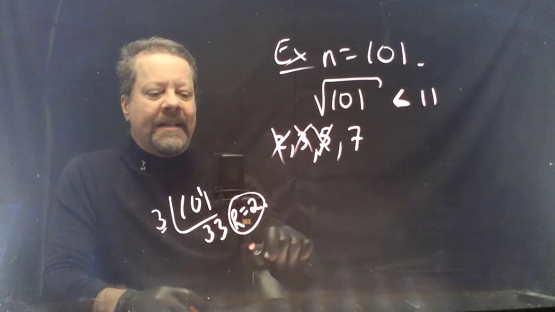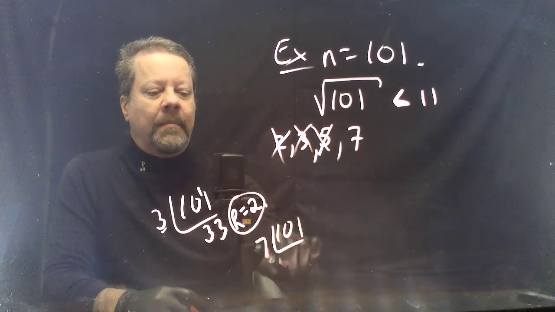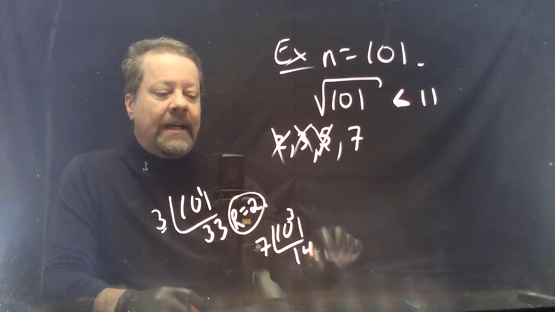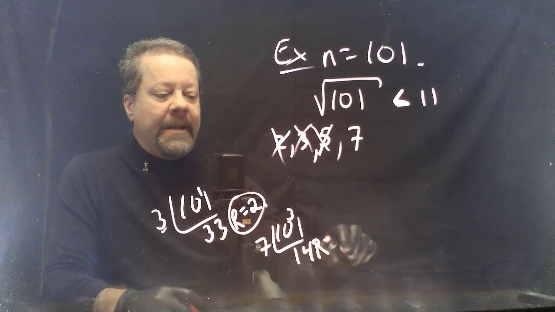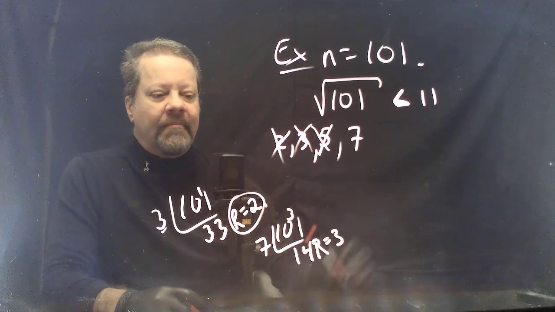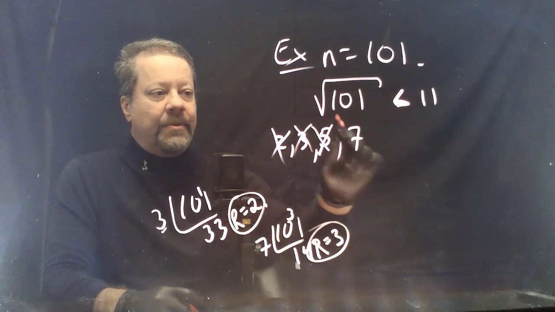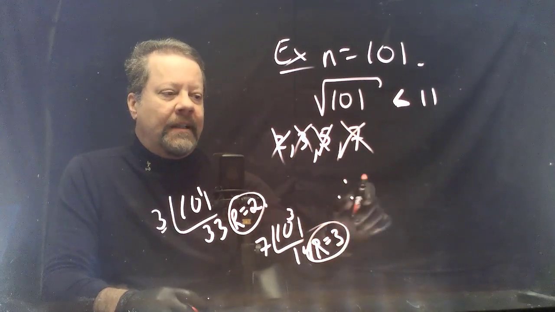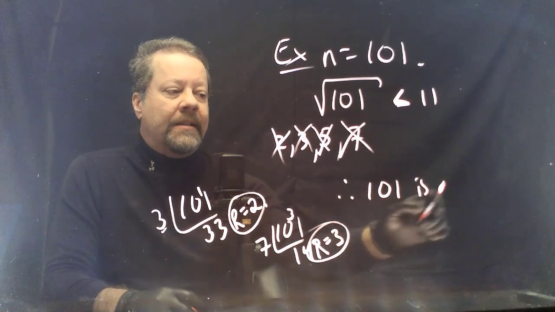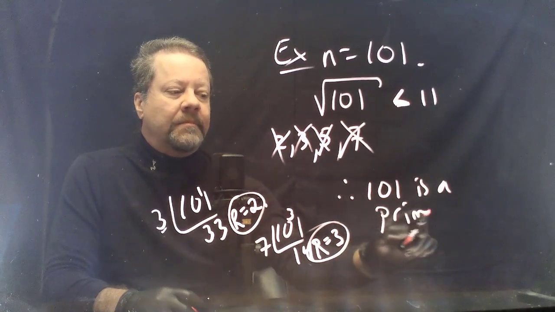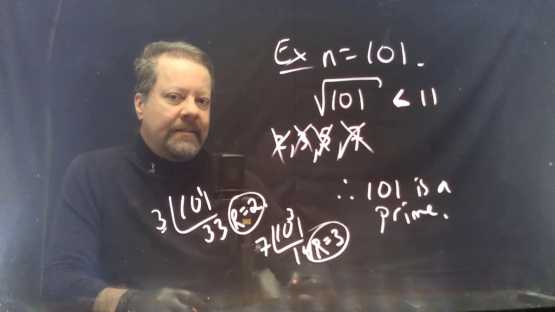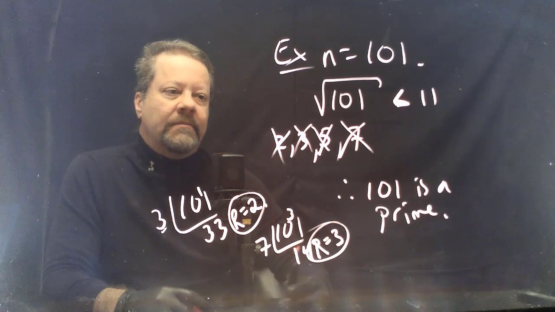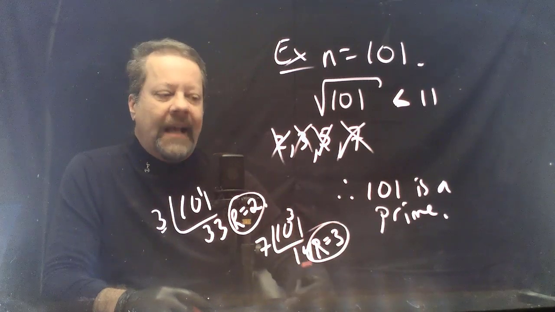And how about by 7? 7 goes into 10 once with a remainder of 3. It goes into 31 4 times, but it'll have a remainder of 3 there as well. And so, since that's true, this is not a divisor. We may conclude that 101 is a prime. If it were composite, it would have to have a prime divisor less than or equal to the square root of 101 itself, and it doesn't.